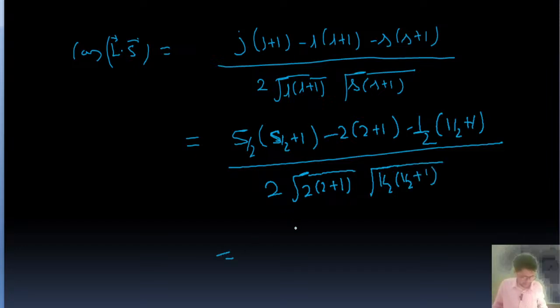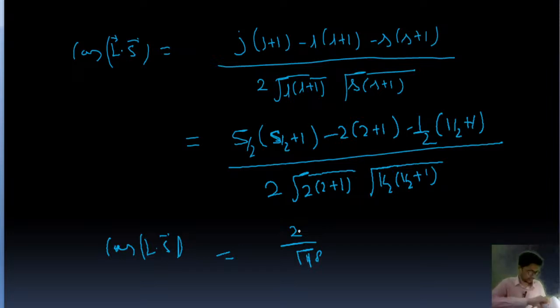So you can calculate, and this value is going to be 2 upon root 18, cos L dot S. So this value is 0.4714. So from here, angle theta 1 is going to be 61.87 degrees.